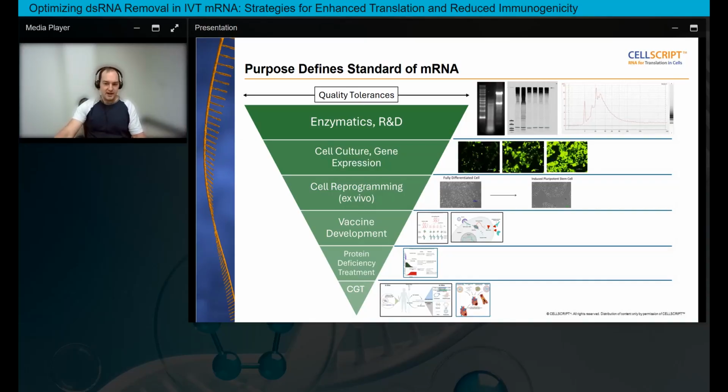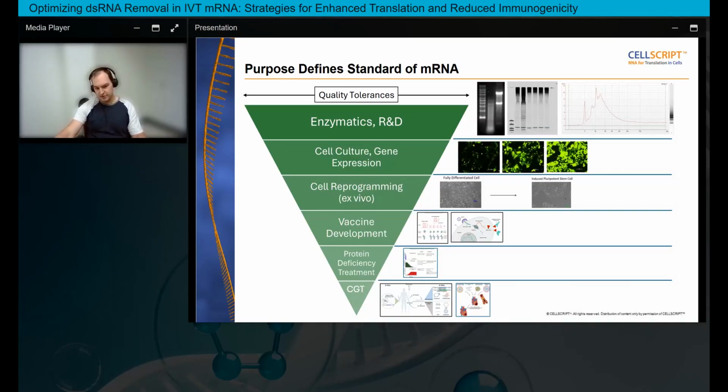If you're producing mRNA to do this, it probably doesn't matter. Double-stranded RNA won't really affect in vitro systems that badly. There is always the potential that it will, but it's not a complex system. You don't have all those immune sensor genes, and so it won't really matter as much by the numbers.